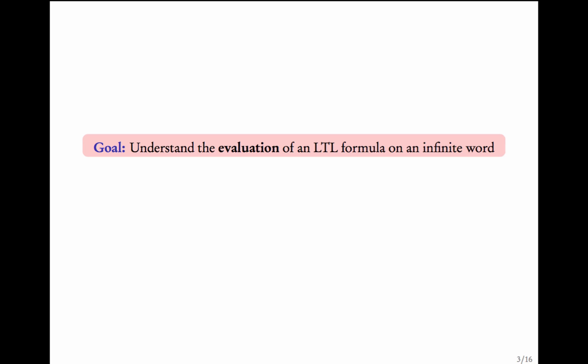For this task, the first step would be to understand the evaluation of an LTL formula on an infinite word. Let's see some examples. Suppose P1 until P2 is an LTL formula. Consider this infinite word over the atomic propositions P1, P2.